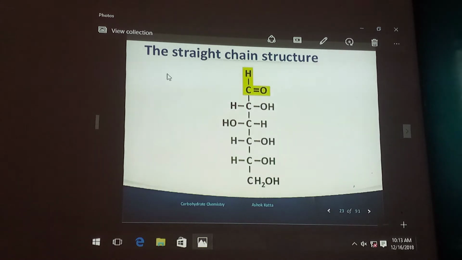The first carbon bears the functional group, that is CHO, the aldehyde functional group, and the farthest carbon, the last one, carbon number 6, bears 2 hydrogens and 1 hydroxyl group. Rest of the carbons are hydroxylated, that is, hydrogen and 1 hydroxyl group is attached.